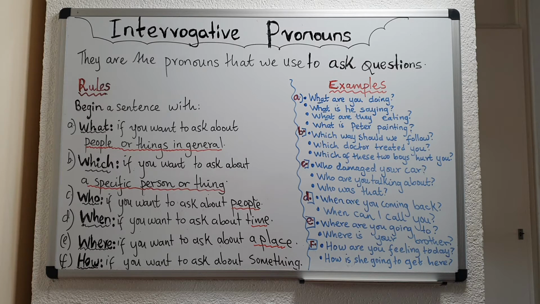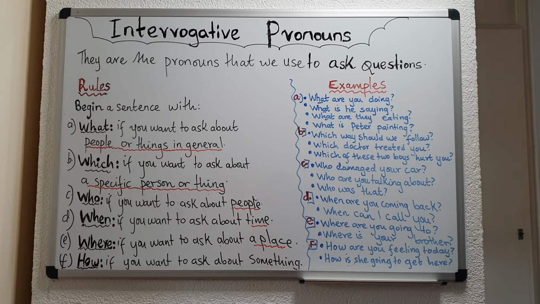And then what are they eating? They is many people. You want to know what they're eating. And the last sentence, you want to know what Peter is painting. Okay? So when you want to ask about people or the things that they're doing, then ask using what. And remember, you put it always at the beginning of the sentence.